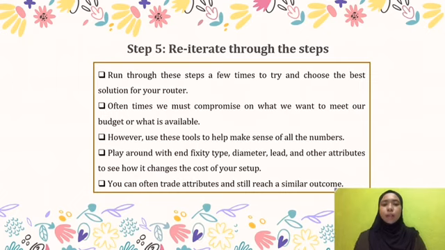Third, however, use this tool to help make sense of the numbers. Fourth, play around with end fixity type, diameter, lead, and other attributes to see how they change the cost of your setup. The last one is you can often trade attributes and still reach a similar outcome.